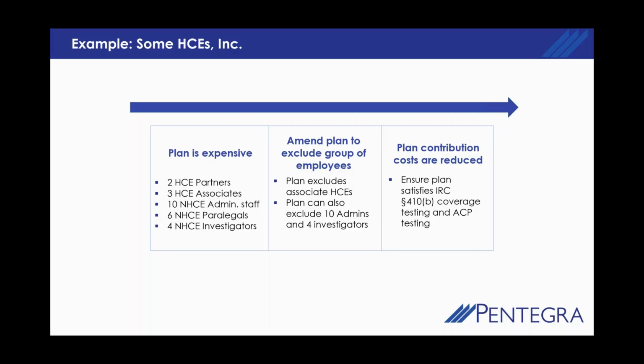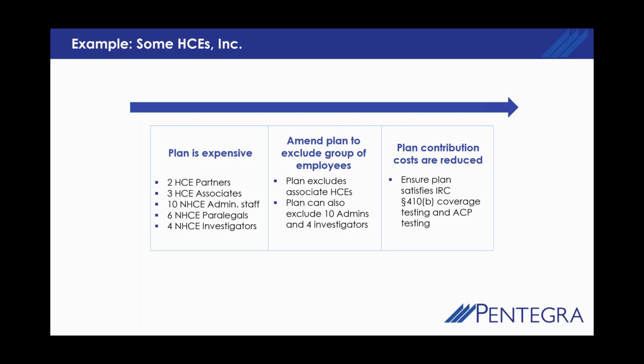So if the plan were changed so that we excluded all the highly compensated employees, it's an interesting rule that if we have a plan that does not have both highly compensated and non-highly compensated employees, but only has non-highly compensated employees, we can get much more discriminatory in the plan and do a lot of things that we wouldn't be able to do if we had any highly compensated employees.